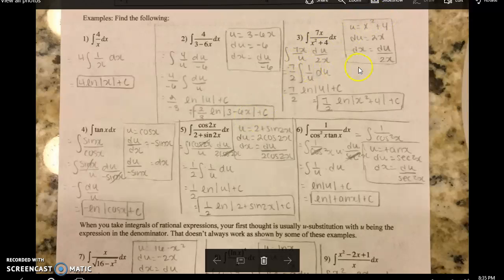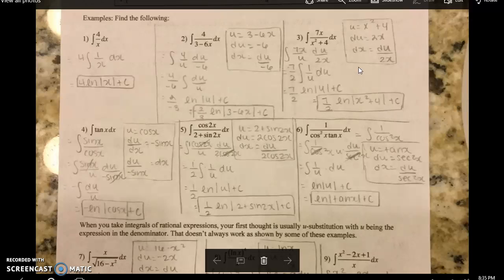Same with number 3. We use u substitution, and u equals x squared plus 4. The derivative of that is 2x, and then dx equals du over 2x. So we put 7x over u, multiply by the value of dx, which is du over 2x. We take the 7 over 2 out of the integral because we want to get 1 over u by itself.